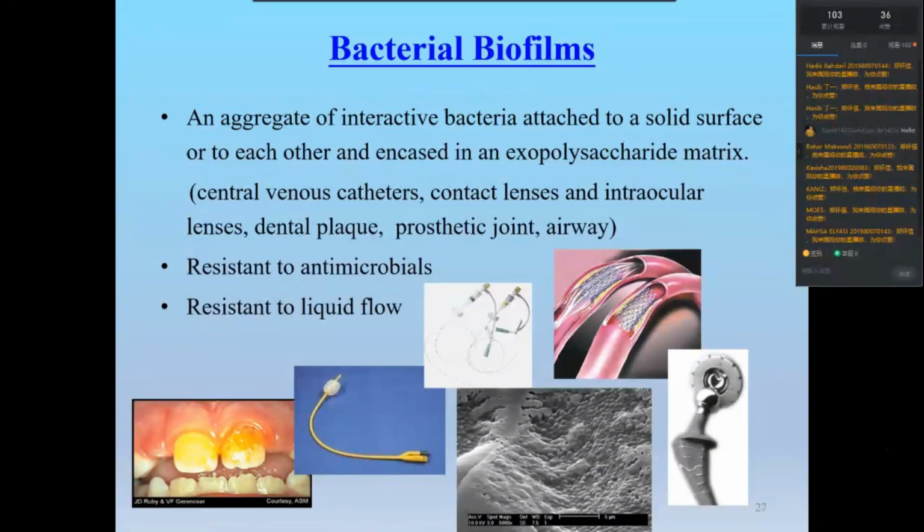But in the real situation, in the natural environment, either in the river, in the water, or in the human body, once the bacteria or microorganisms colonize in these natural conditions, usually they are not living in single cell state. Instead, they stick together to form a special structure, a slime structure.